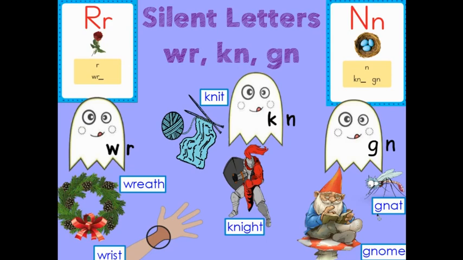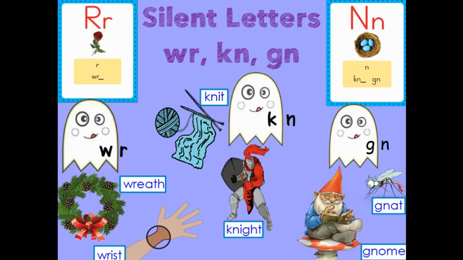Again, we don't say g-nat, we just say nat. Just like this word, gnome. We don't say g-nome, we say nome. The G is silent. Sometimes people will put a statue in their garden of a little garden gnome. This one is sitting on a mushroom reading a book.